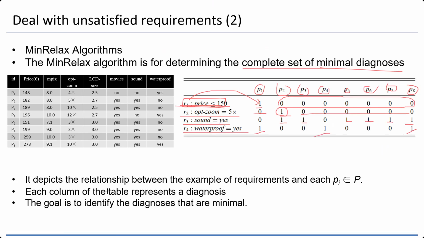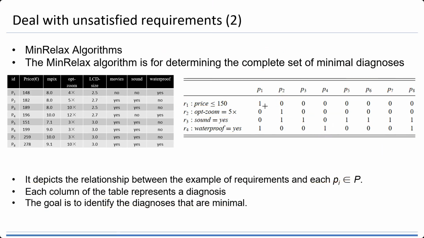Now we can see the relationship easily. It depicts the relationship between the requirements and each of the products. Each column of the table represents a diagnosis. So the goal is to identify the diagnoses that are minimal. We can look at the complete set of minimal diagnoses.